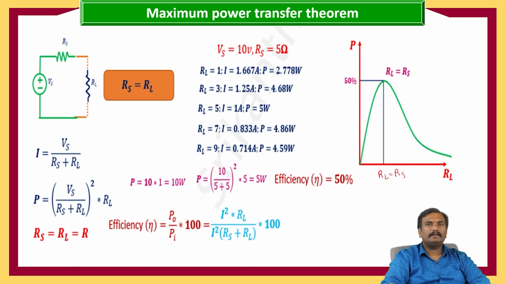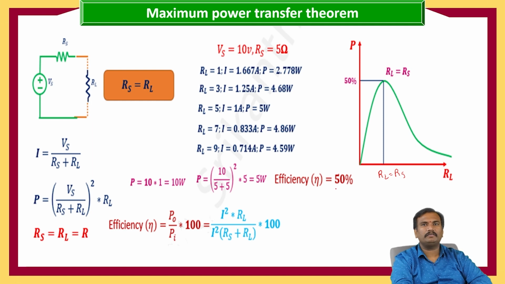Now let us calculate the efficiency. Power is equal to 10 into 1, that is 10 watts. Power P is equal to (10 by 5 plus 5) whole square into 5, that is 5 watts. So the total input power is I square into R_L by I square into (R_S plus R_L), which gives us 50% efficiency.